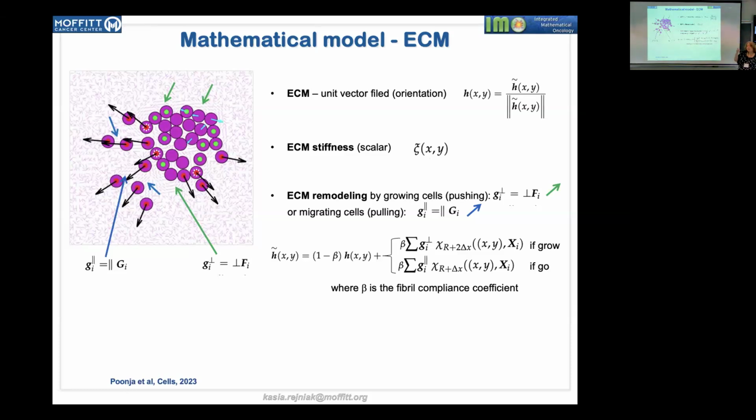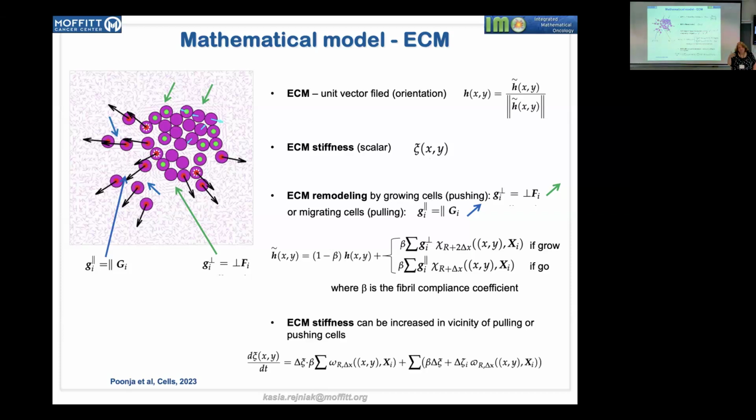When the cells are moving, they will pull on the fibers, and then the ECM will be aligned in the direction of the moving cells. We can change this beta parameter, which is the compliance, and then the ECM can be remodeled more or less depending on this value. We also can change the stiffness when the cells are pulling or pushing on the ECM.